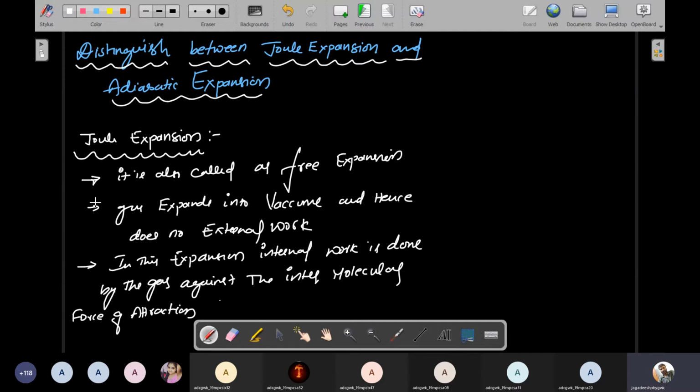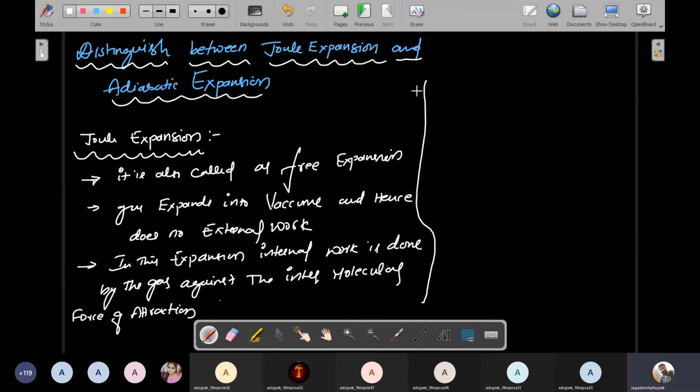In Joule expansion, work done is the addition of external work done and internal work done. But it does not do any external work, only internal work. Hence the total net work done will be equal to the internal work done only.